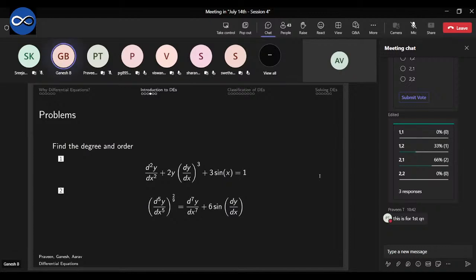And this is for the first problem here: d square y by dx square plus 2y dy by dx whole cube plus 3 sin x equals 1. I'll just wait for one more minute.